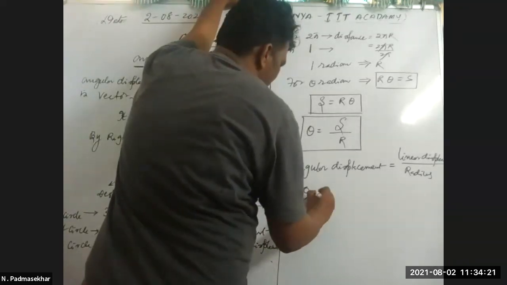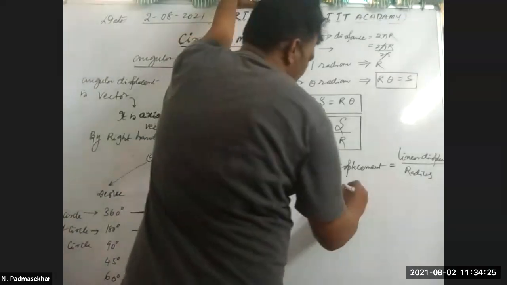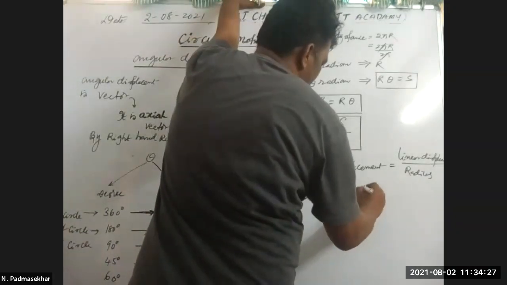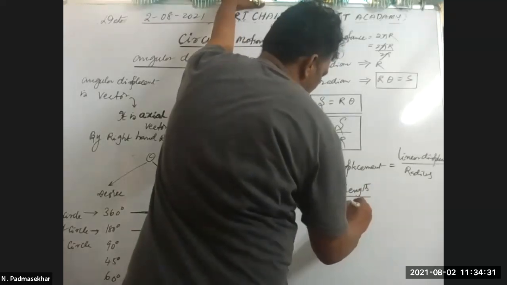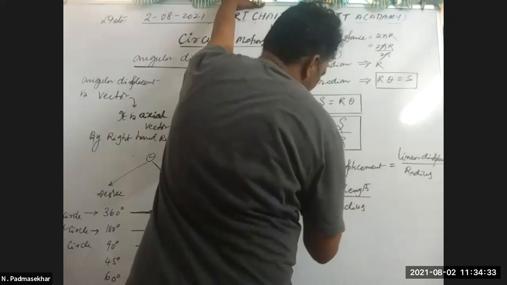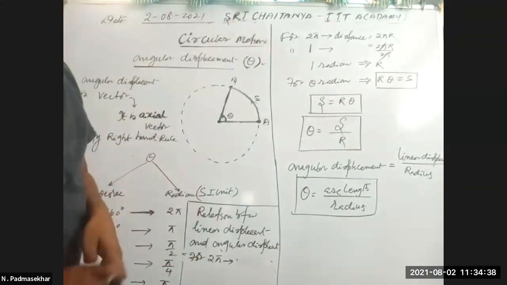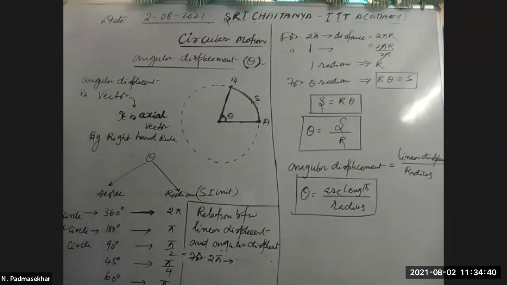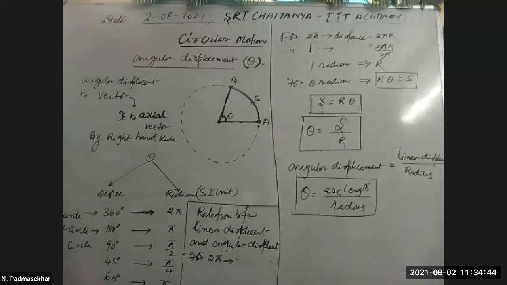And the linear displacement is the arc length, so theta is equal to arc length by radius. Right?